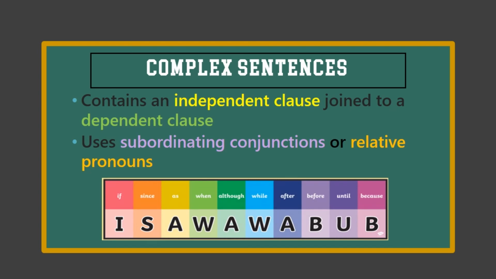I'll show you what some subordinating conjunctions are. If, since, as, when, although, while, after, before, until, because. These are some of the subordinating conjunctions you can use to create complex sentences. Now, relative pronouns are things like who, when, while, where, right? Okay, let's see an example.